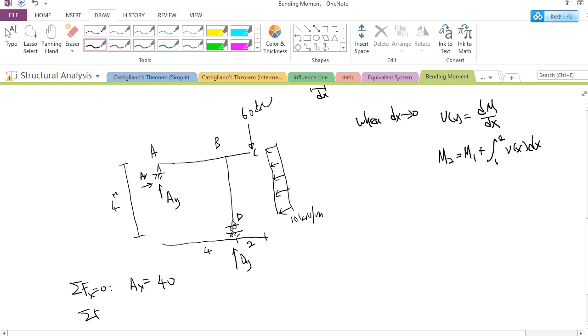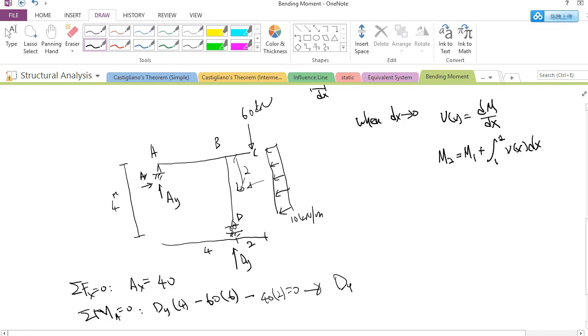If I take the moment at point A, we know that Dy times 4 minus 60 times 6, the bending moment generated by this concentrated force here, and also minus the moment created by this distributed force, which is equal to 40, the moment arm is 2, so 40 times 2, equals 0.